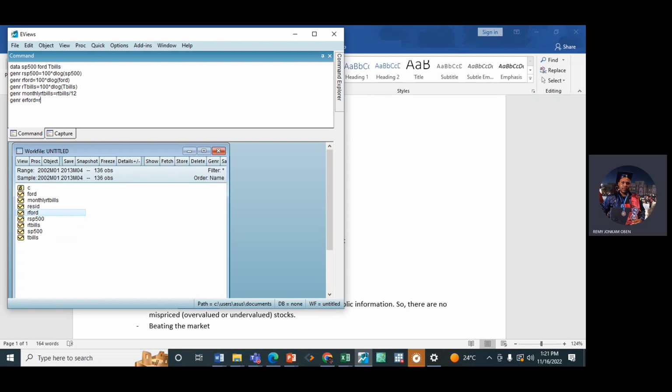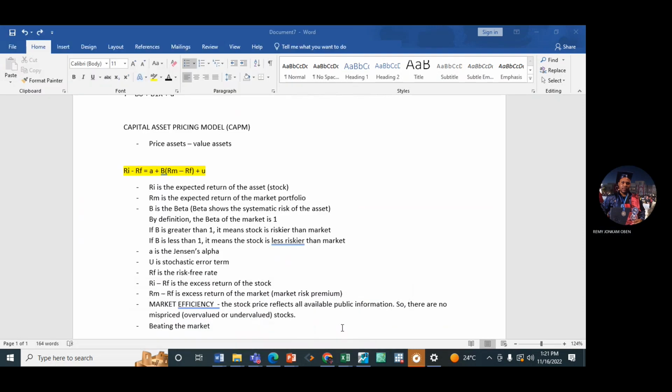It will be return of Ford minus the monthly return T bills. And I press enter. Understood? Look at the formula again.